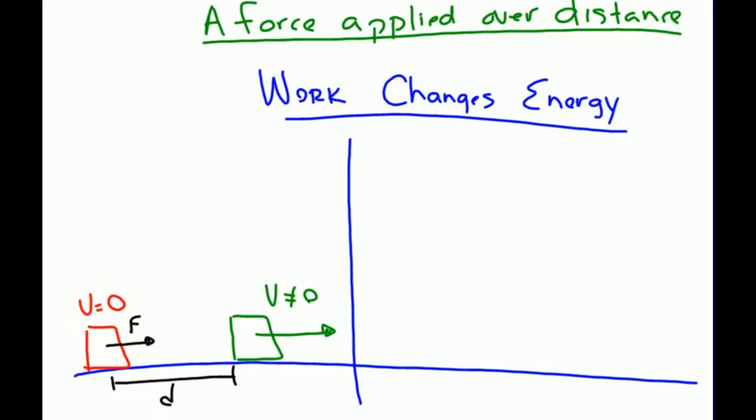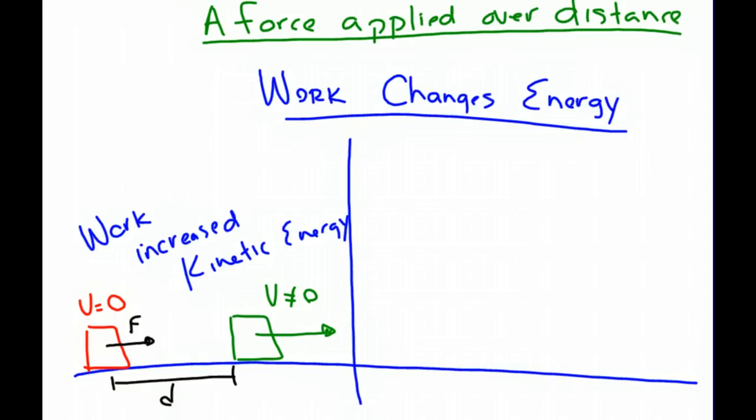And so the result is, because I didn't increase the gravitational potential energy, the work here increased the kinetic energy. Right? Because I had a force that was applied over some distance. That force created an acceleration. That acceleration then created some velocity, and that velocity is now non-zero.